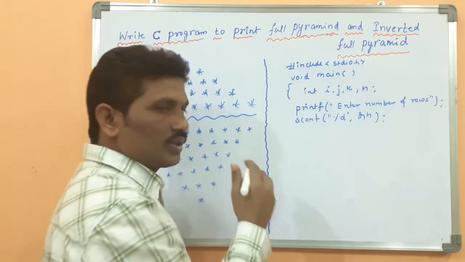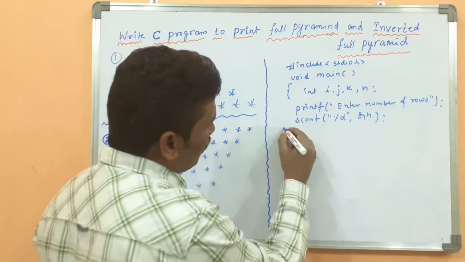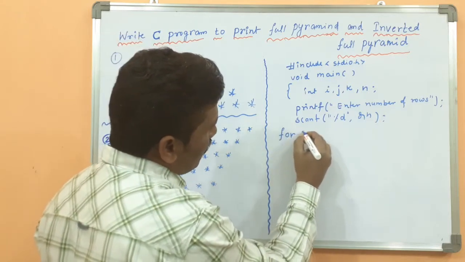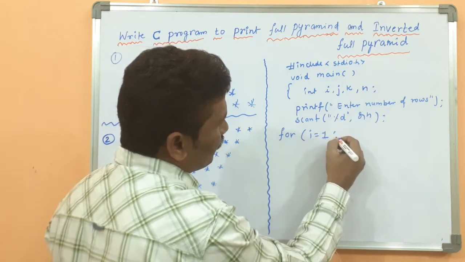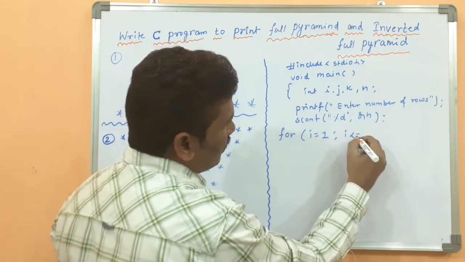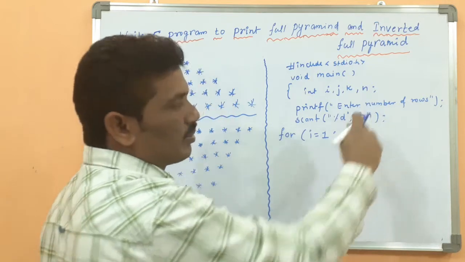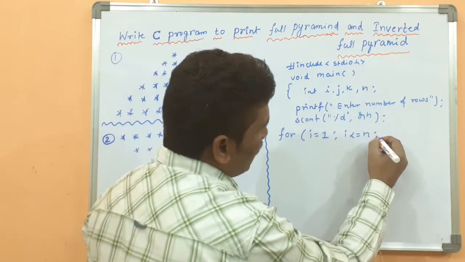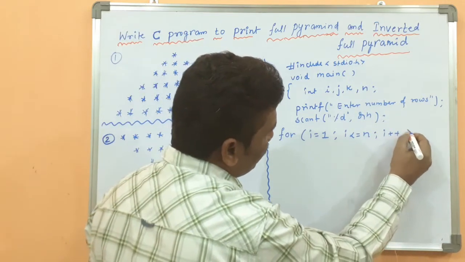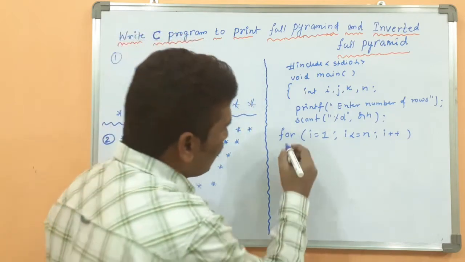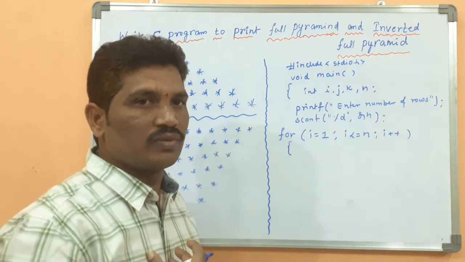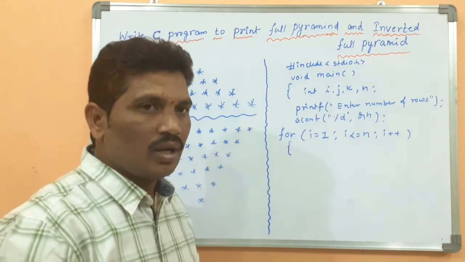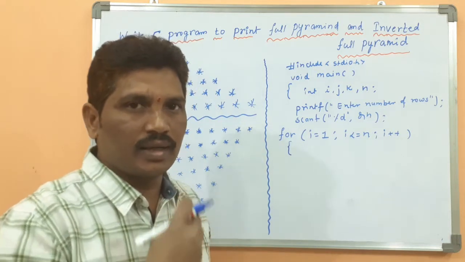Then you should write the logic with the outer for loop: i equal to 1, i less than or equal to n, where n is the number of rows, then i plus plus. Then open the braces, because I am using more than one statement inside the for loop, so I use an opening and closing bracket.